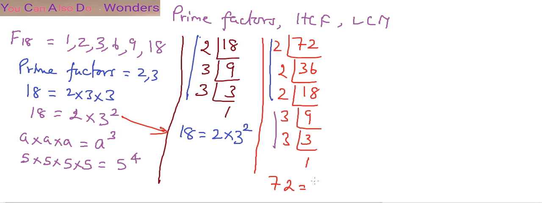So you can write 72 as 2 power 3 or 2 cube into 3 square. Like this any number can be written as a product of prime factors.